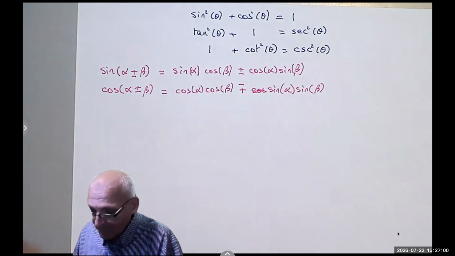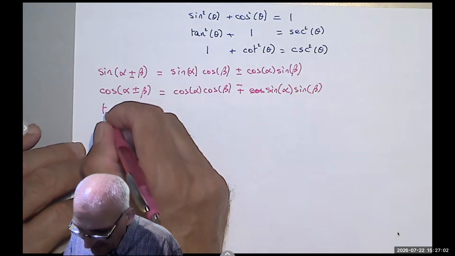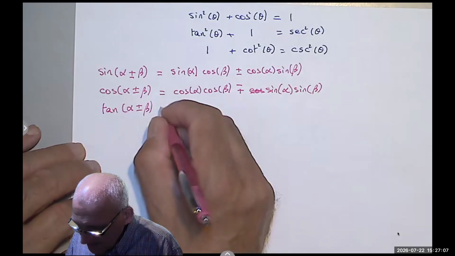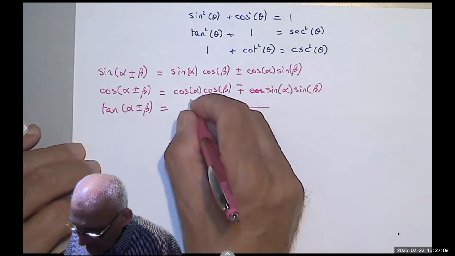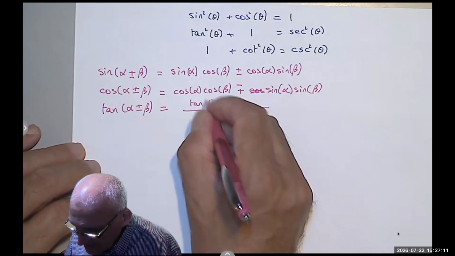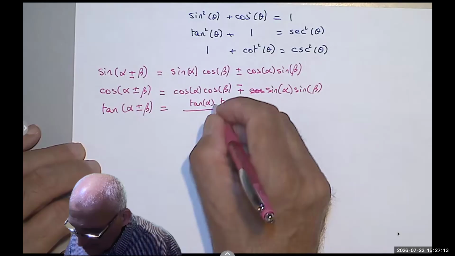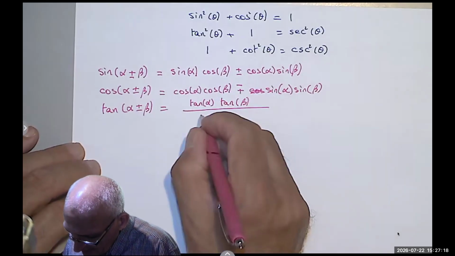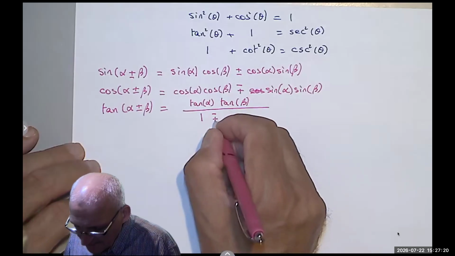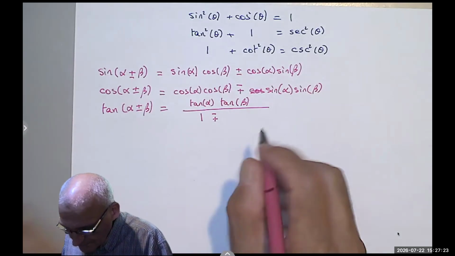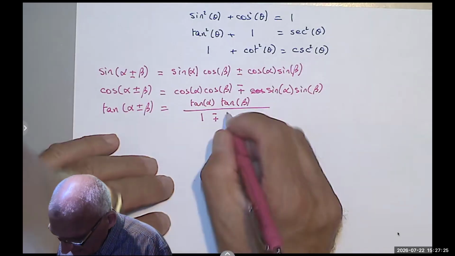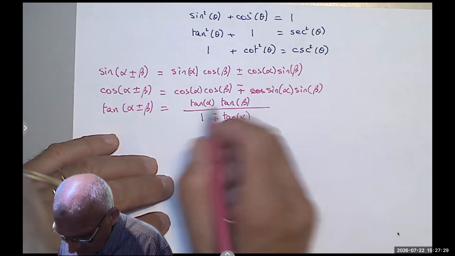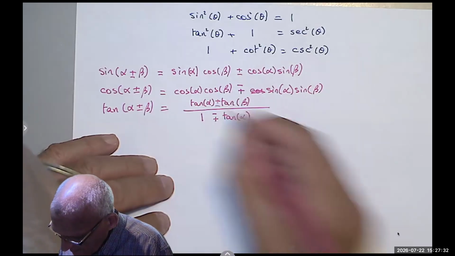Then the last one would be tan of alpha plus or minus beta equals tan alpha plus or minus tan beta, divided by 1 minus or plus tan alpha tan beta.